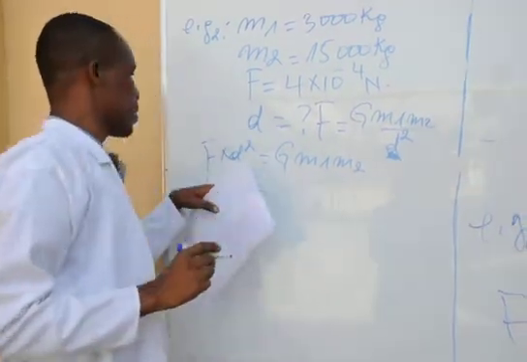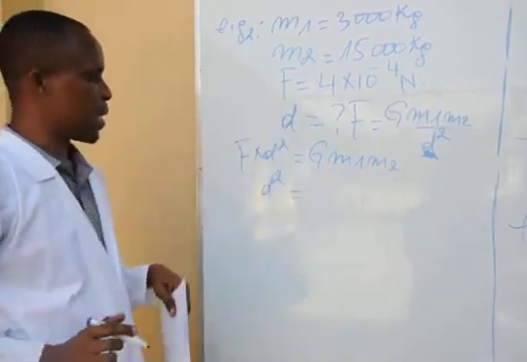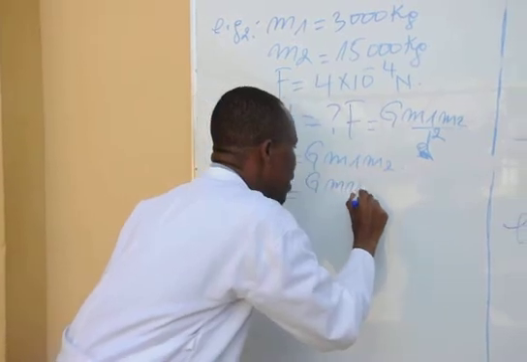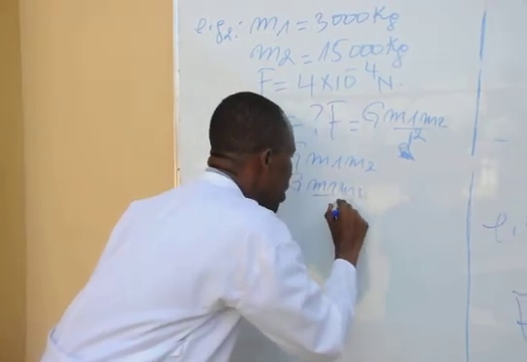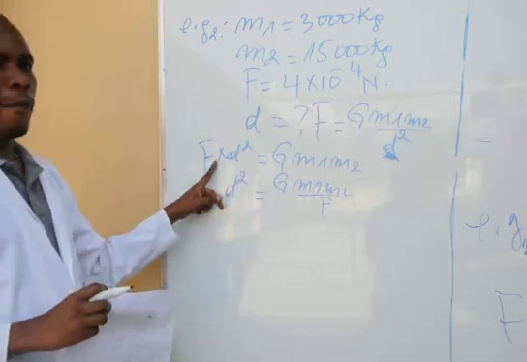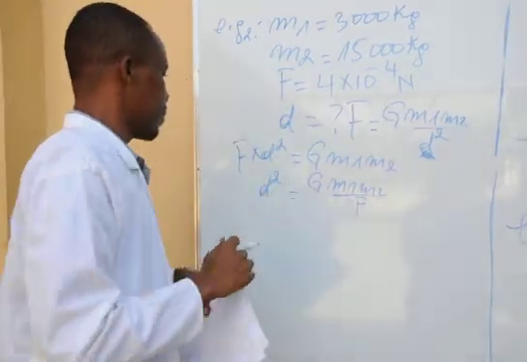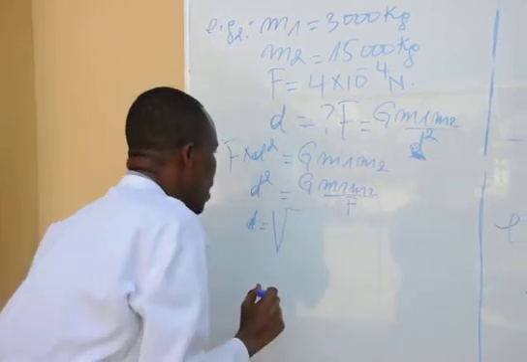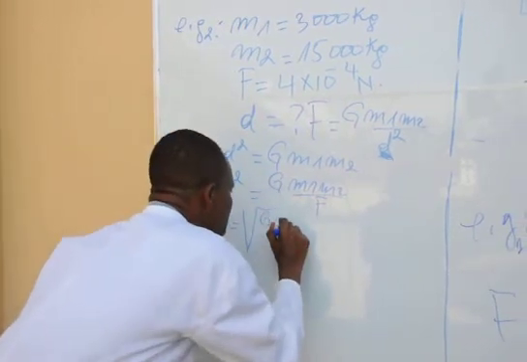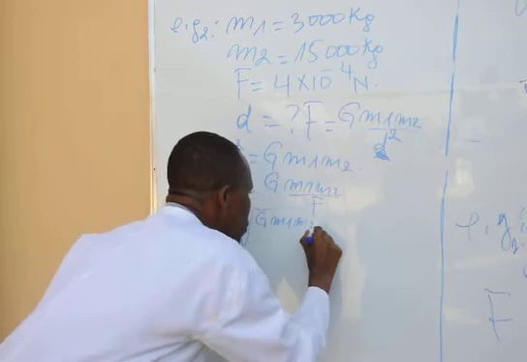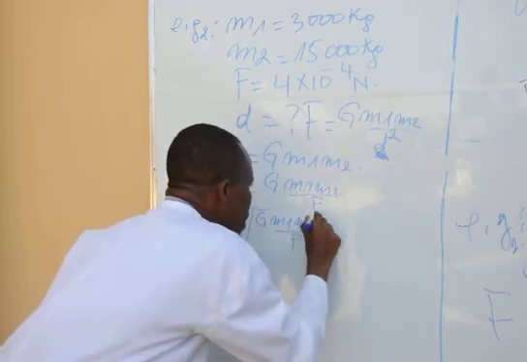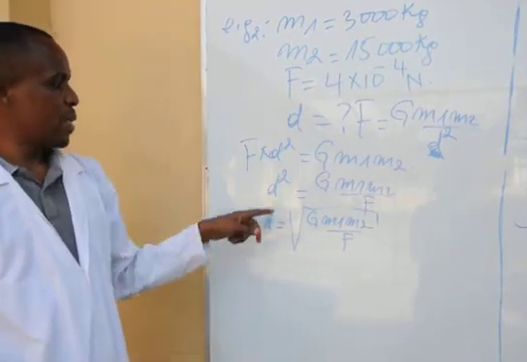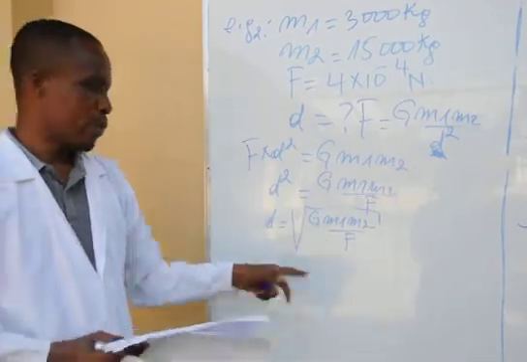D squared, the square of the distance between the two bodies, will be equal to G M1 M2 divided by the force F. What is D? D will be equal to the square root of G M1 M2 over F. So we are going to calculate that distance D by using this equation.